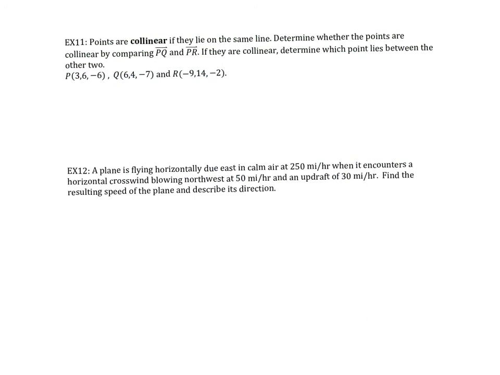So let's look at another definition. In example 11, we're told that points are collinear if they lie on the same line. And then we're going to determine whether the points that were given, P, Q, and R, are collinear. The way that we're going to do that is by comparing these two vectors.